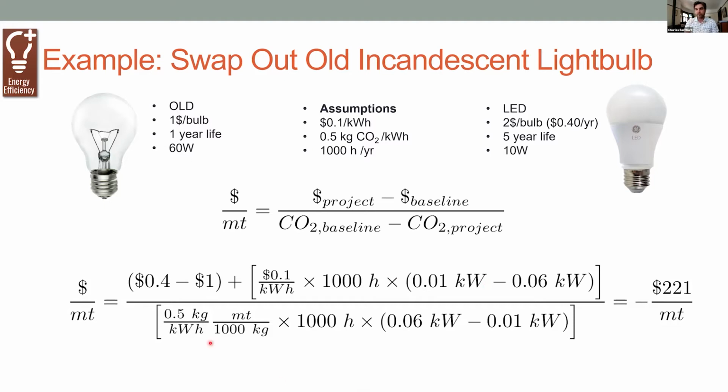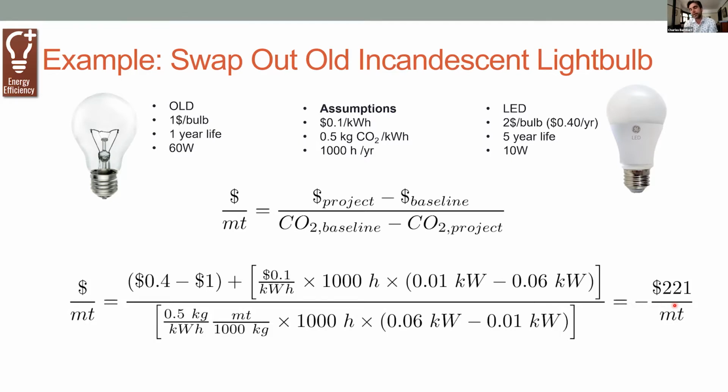And so what's interesting, as the electricity grid gets cleaner, this denominator is going to get smaller and smaller and smaller. And so this number, I suppose it'll get bigger and bigger.